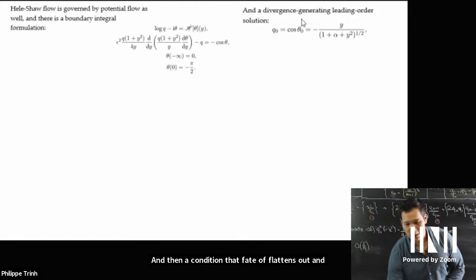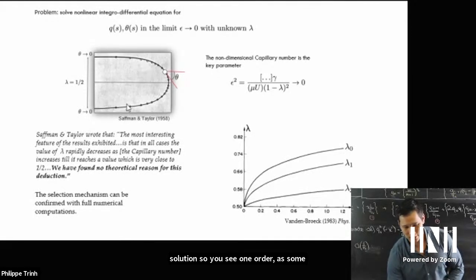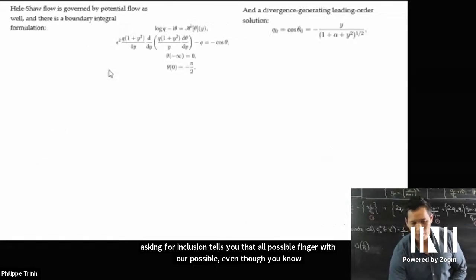As Saffman and Taylor predicted, there is a leading order solution here, which is in fact this experimental picture. The dots are the experiments, and the solid curve is their asymptotic solution. So you see one order asymptotic solution looks fantastic. But the problem is that you have no restriction on lambda. Your asymptotic solution tells you that all possible finger widths are possible, even though you know that's not the case.